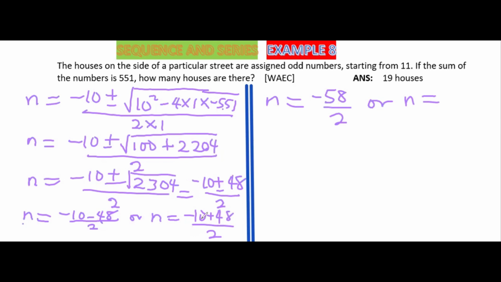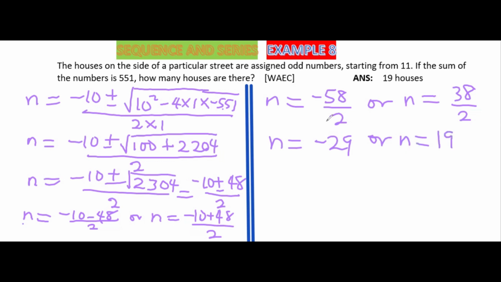That is 48 minus 10. That is positive 38 over 2. And finally, if you divide negative 58 by 2, first of all, negative divided by positive is negative, and 58 divided by 2 is 29. We have negative 29, or n equals 38 divided by 2, that gives 19.